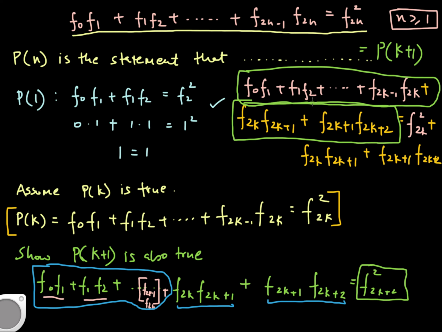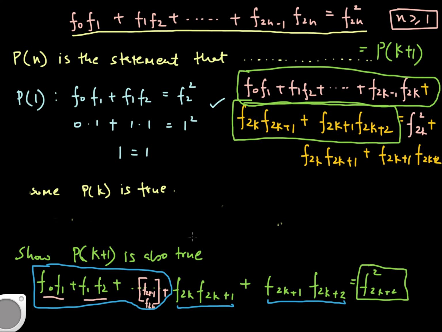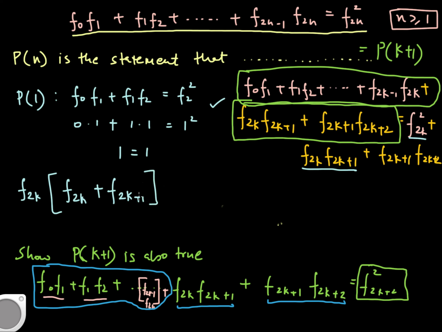Okay, so just to create some space here, I'm going to erase things that I don't need. So let's get rid of this piece over here, and let's look at these two terms over here. By looking at those two terms, I can take f of 2k out as common, which means what remains inside is f of 2k plus f of 2k plus 1, plus everything over here that remains, which is f of 2k plus 1 times f of 2k plus 2.